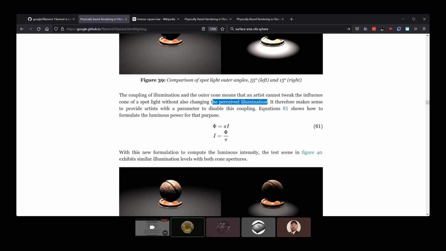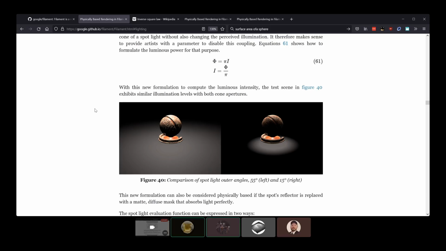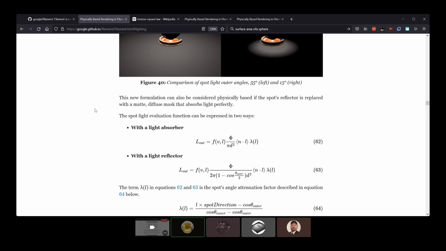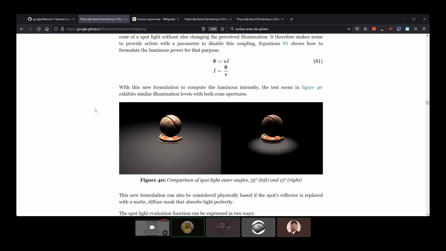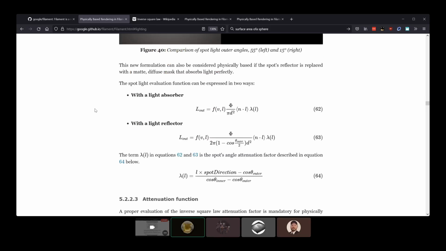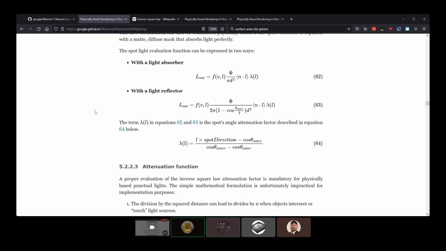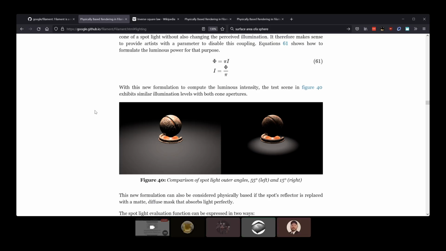I think they could use some shadow mapping. Yeah, so now you have a constant luminous intensity, but the power changes based on the angle. And then you have one that decouples it.